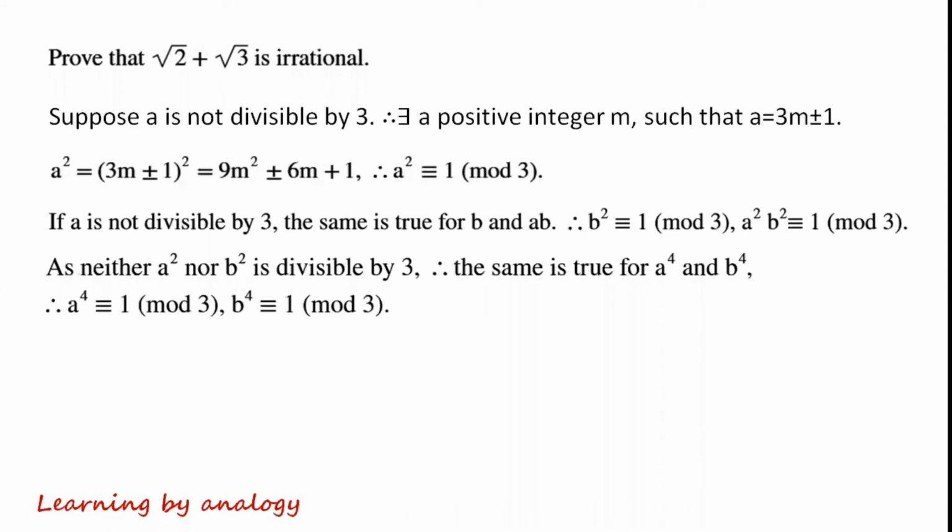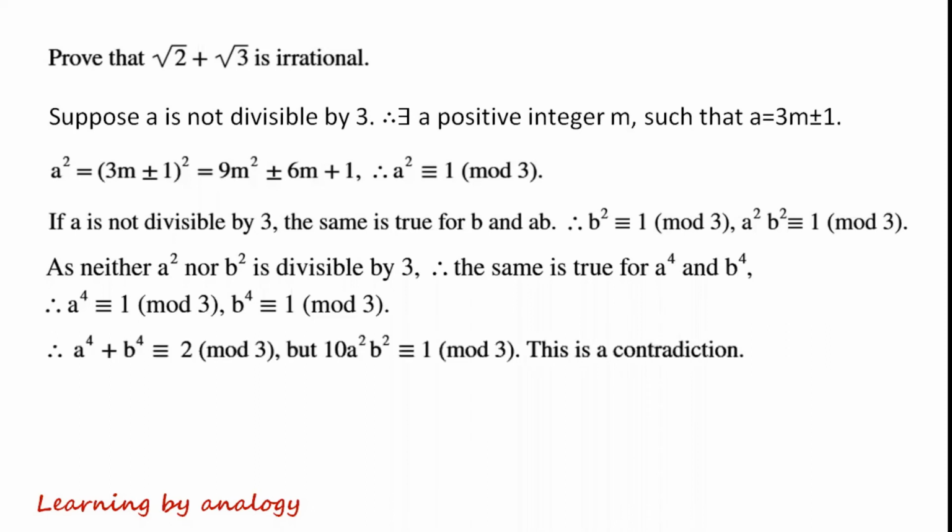As neither a squared nor b squared is divisible by 3, the same is true for a to the power of 4 and b to the power of 4. So a to the power of 4 is congruent to 1 mod 3, and b to the power of 4 is congruent to 1 mod 3.